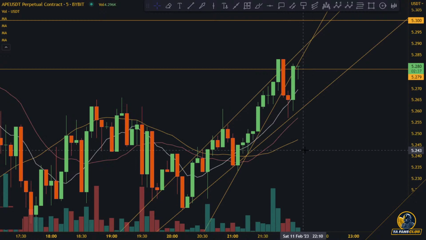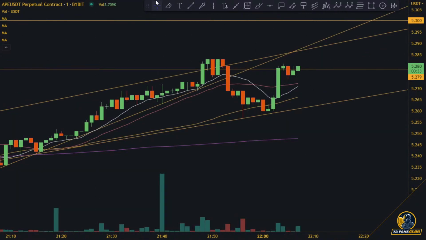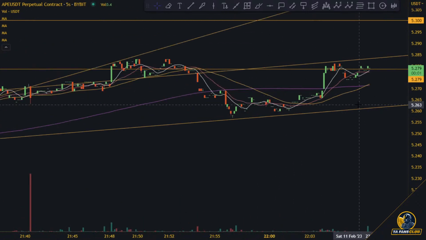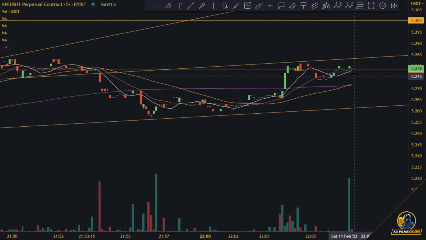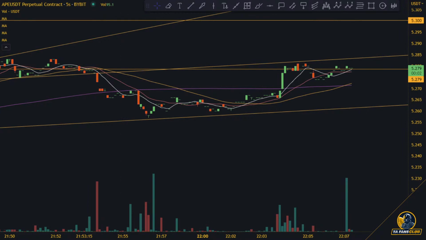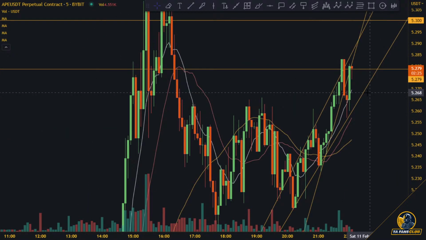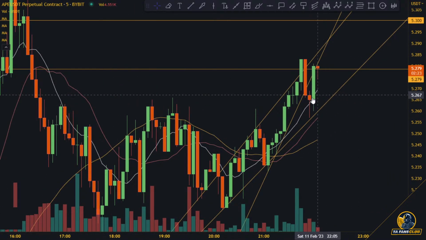The volume is also not showing anything special. It's really sad that we cannot see there was a lot of buying on this candle over here, but it's not moving the candle. Over here there was a lot of buying, and then the buying went down and it pulled back.